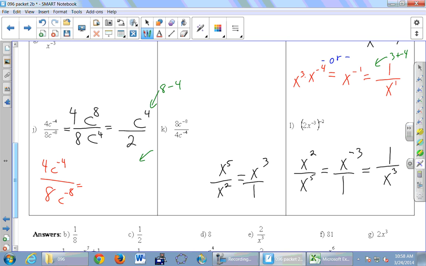How can you know the answer is going to be in the bottom? What about the 2 and the 5 tells you the answer is going to be bigger numbers in the bottom, right? I mean, like if you imagine all these x's written out, there's more of them in the bottom, so that's where they will end up. So this is what I do, and I suggest you do it too. I always do big minus small, and I put them wherever there were more x's, 5 in this case.